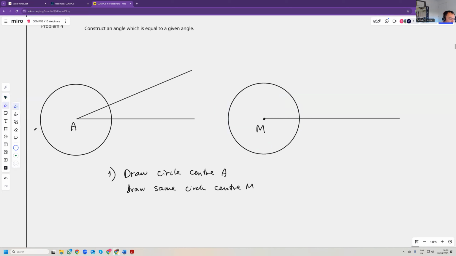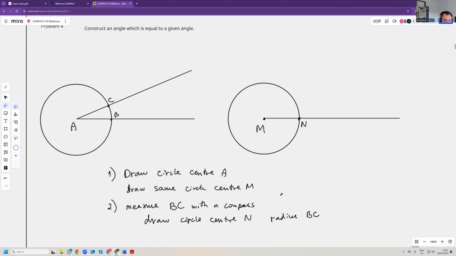And then we take our compass and we measure with the compass. We put the compass at points B and C to measure BC. Draw a circle, center N, radius BC.